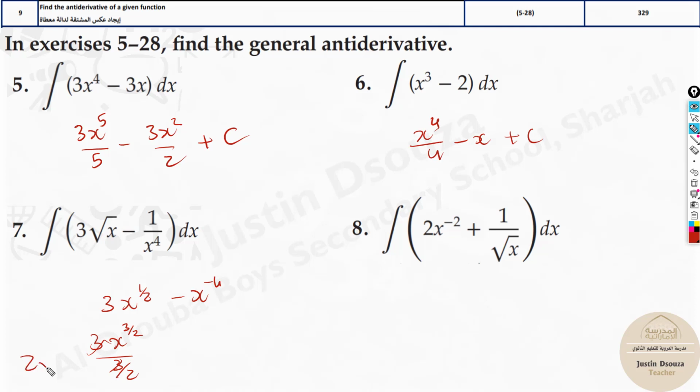So it basically becomes 2x^(3/2). And here what do we have? It will be x^(-4), minus 4 plus 1 will be minus 3, divided by minus 3. So when you simplify this, you will have 2x^(3/2) plus x^(-3)/(-3). Or you can write this as 2, this is square root.